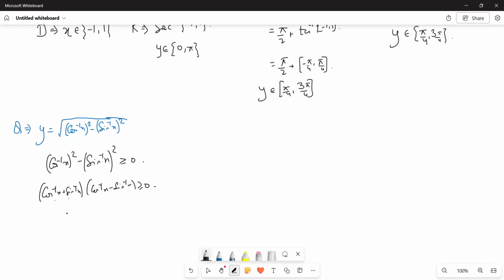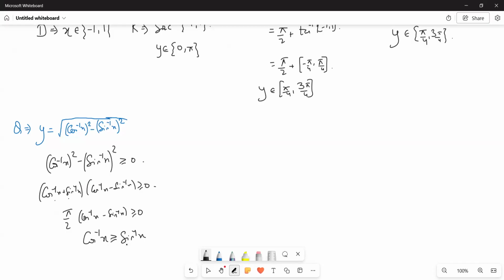But sin inverse x plus cos inverse x is pi by 2. So pi by 2 into cos inverse x minus sin inverse x is greater than or equal to 0, which basically tells us that we want cos inverse x to be greater than or equal to sin inverse x, because pi by 2 is anyways positive, so it doesn't affect anything.